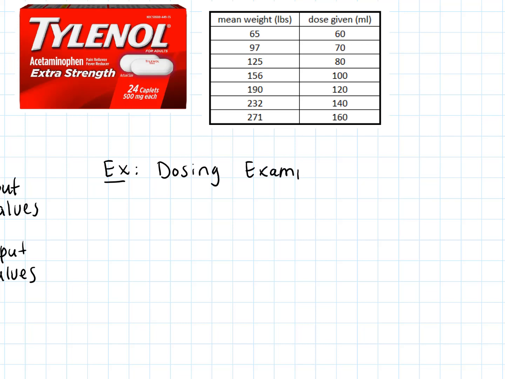We're given a data set, and we're told that for certain weights, a specific dose of medicine needs to be given. So if a patient weighs 65 pounds, then they are to be given a dose of 60 milliliters of medicine, and so forth. I just grabbed this little Tylenol image to go with this. It has nothing to do with the actual data given here; I just grabbed that image along with a set of data about dosing.